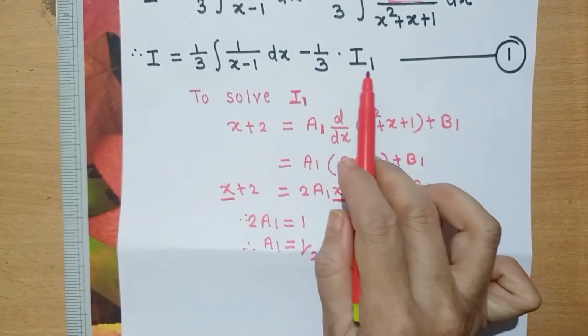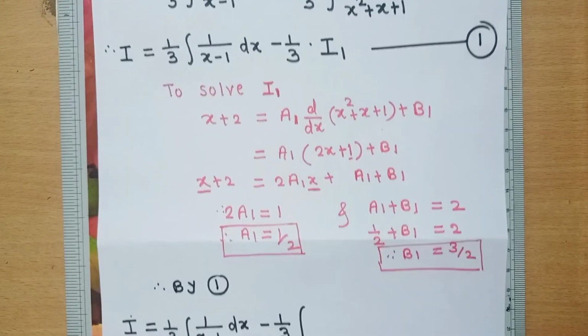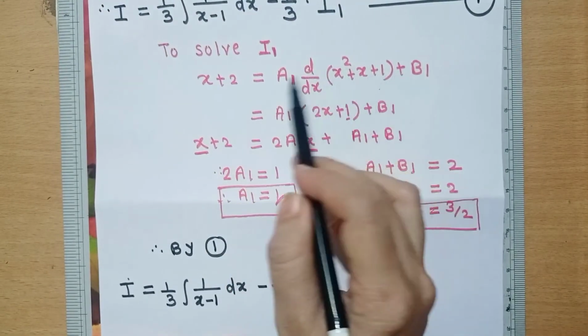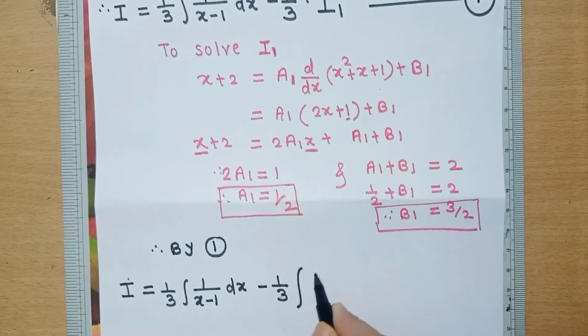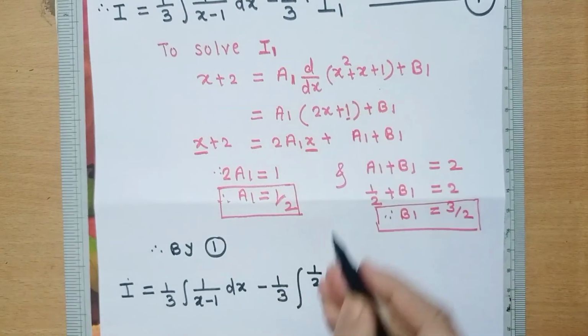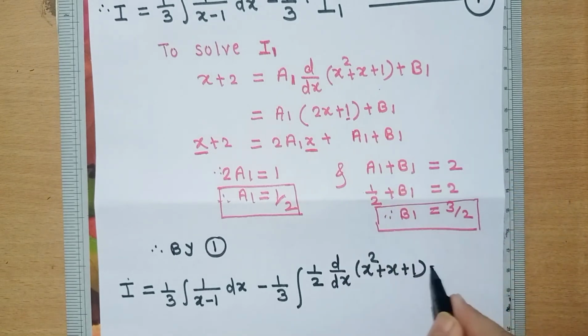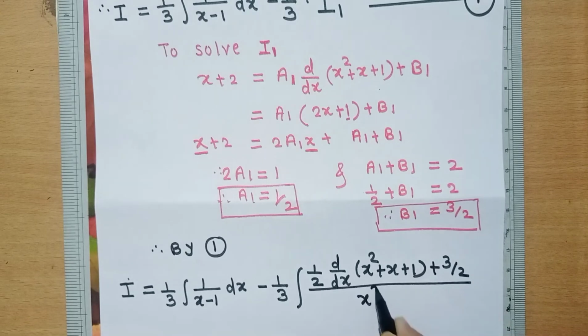So again we will substitute here. So look here, instead of x plus 2 we will write this, again a1 means half, so here half d by dx of the denominator, and then plus b1 which is 3 upon 2, and this is the denominator, x square plus x plus 1 into dx.